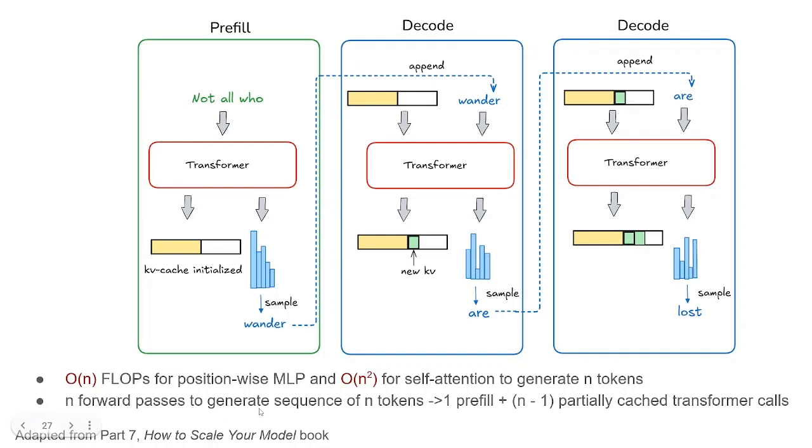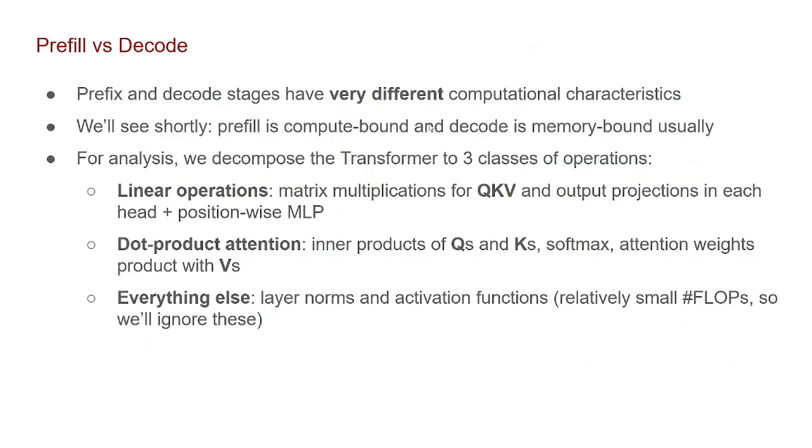So if the response has n tokens, it means that we are running n forward passes on the transformer model. This means that we first did a prefill stage, and all the rest, n minus 1 stages, were decode, which made use of the KV cache. So prefill and decode stages, although they are both part of inference, have very different computational characteristics.